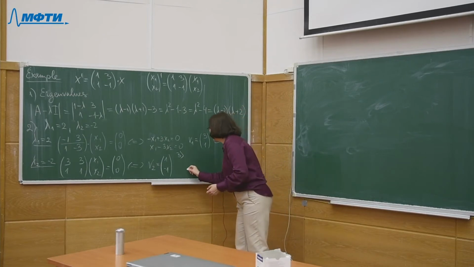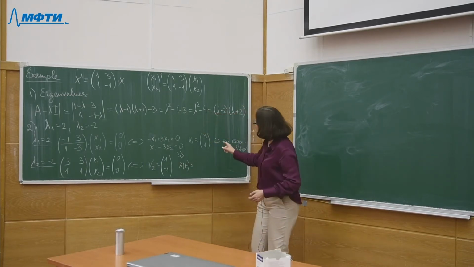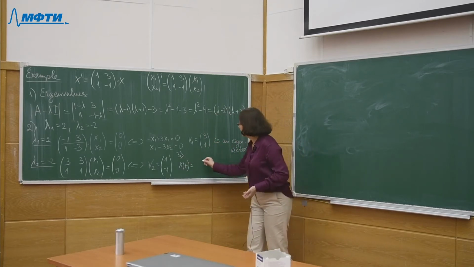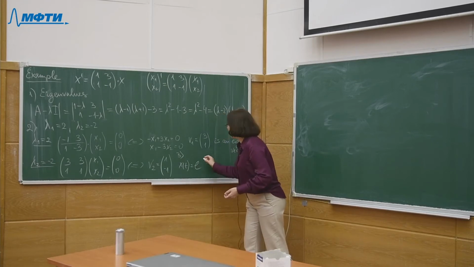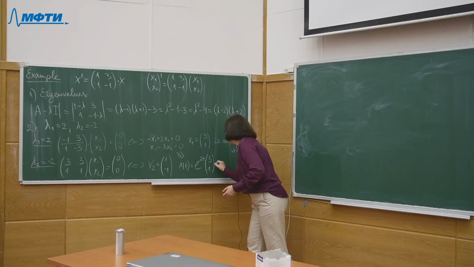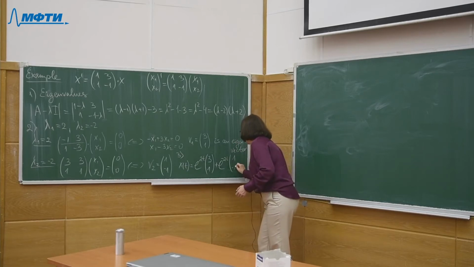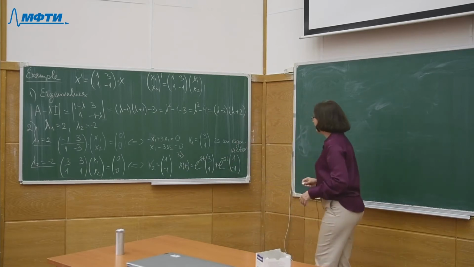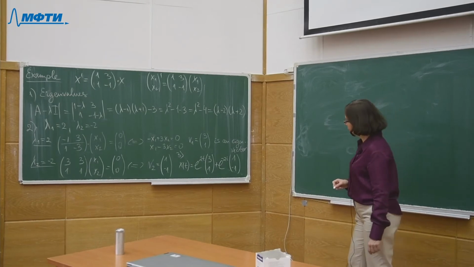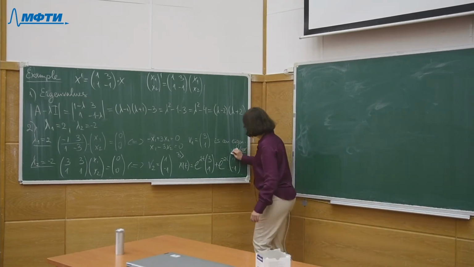The solution will be, so x of t is equal to the linear combination of these vectors with coefficients, e to the power 2t times the first vector plus e to -2t times 1, -1. So this is a solution. This is the answer.